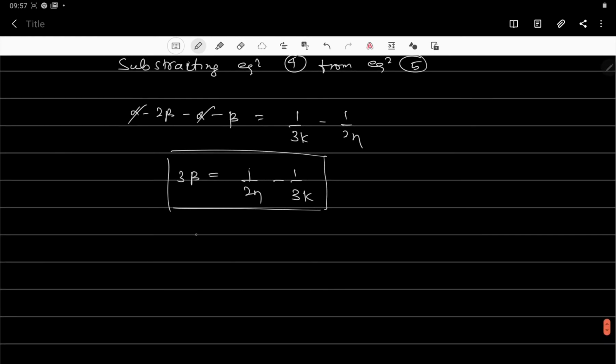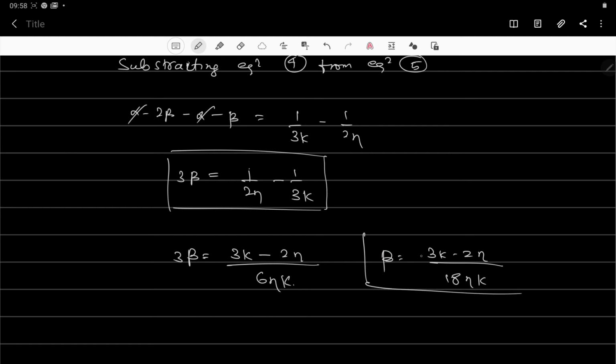If you simplify it again, what will you get? By cross multiplication, beta equals 3k minus 2 eta, divided by 6 into 3, that is 18 eta into k. So beta equals 3k minus 2 eta divided by 18 eta k. This is equation 6.